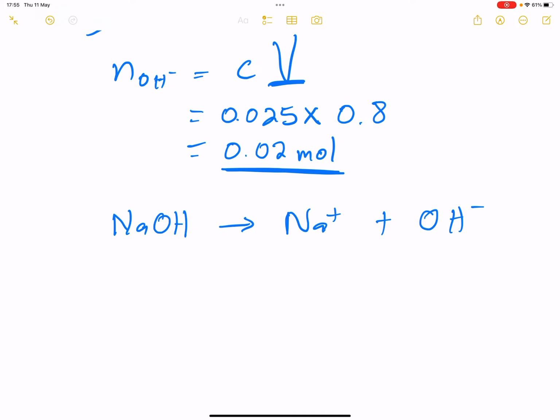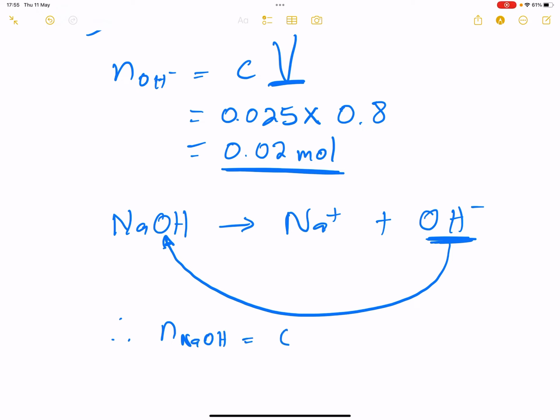So if I know what the hydroxide ions are, I definitely know the number of moles of sodium hydroxide that is there. So the number of moles of sodium hydroxide will be the same as my hydroxide ion, which is 0.02 moles.